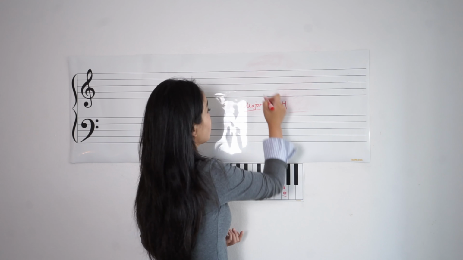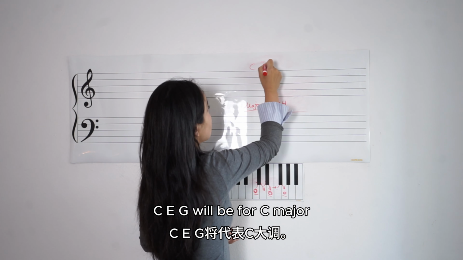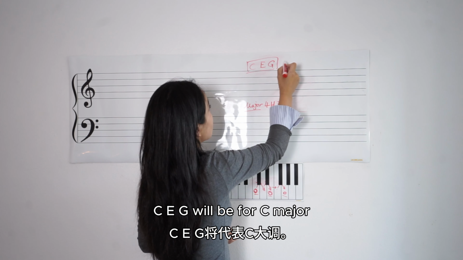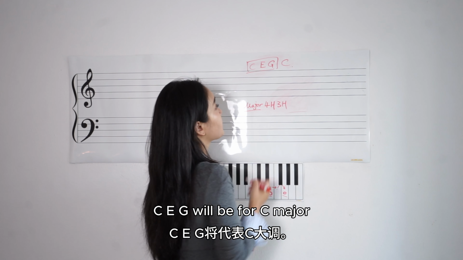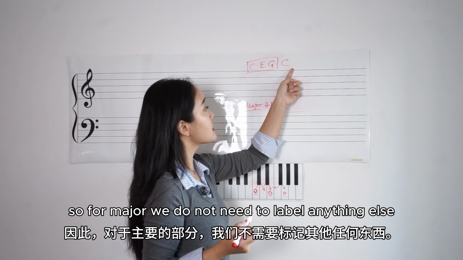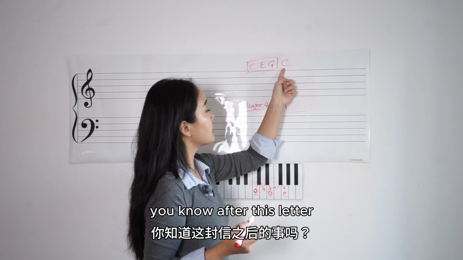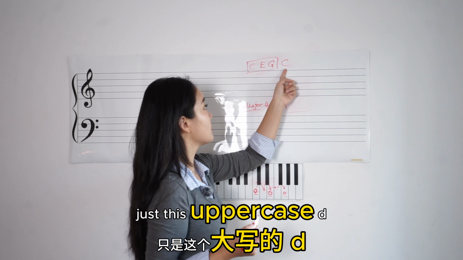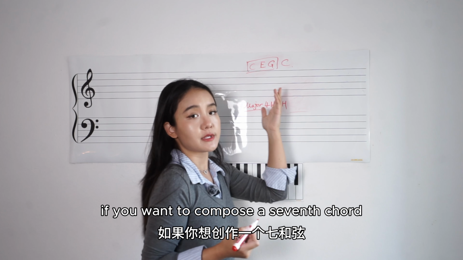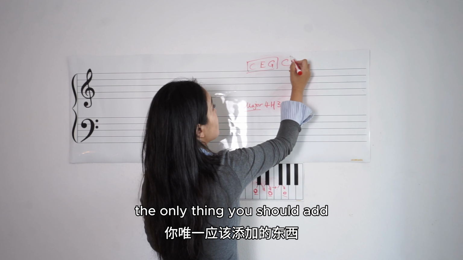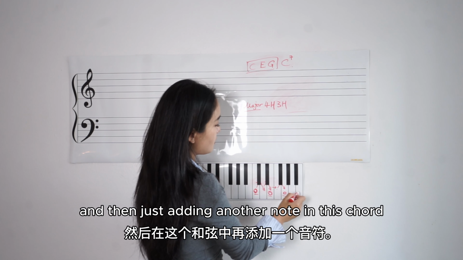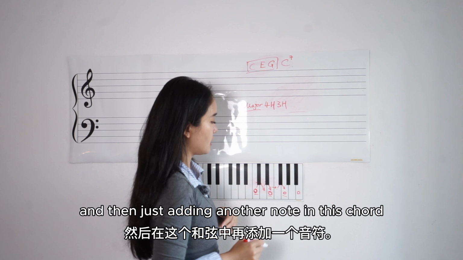For major, we do not need to label anything else after this letter, just the uppercase C. If you want to compose a 7th chord, the only thing you add on the right corner is the number 7, and then just add another note in this chord.